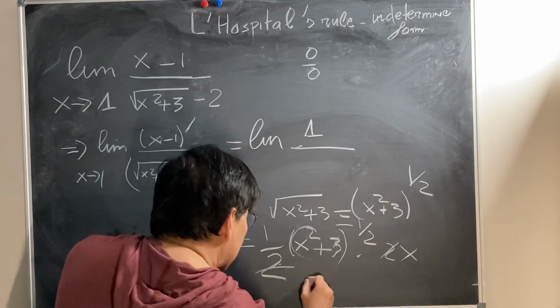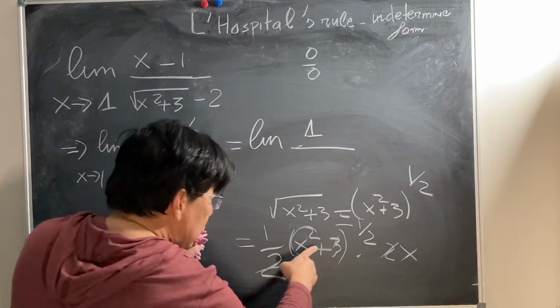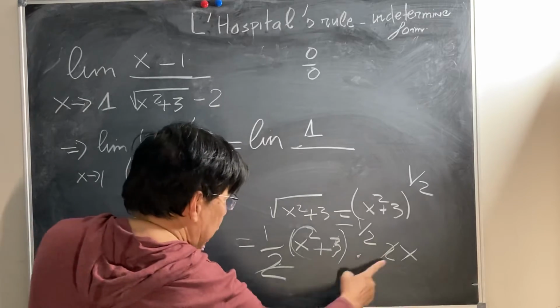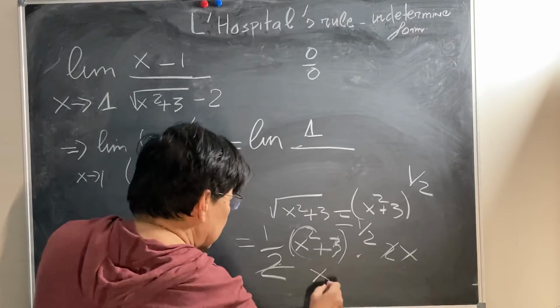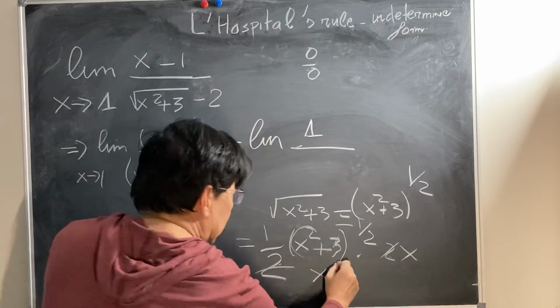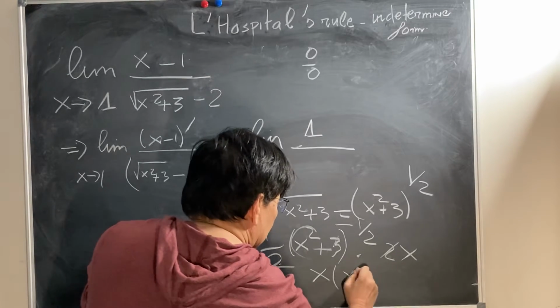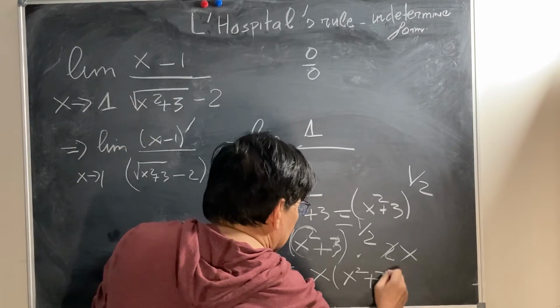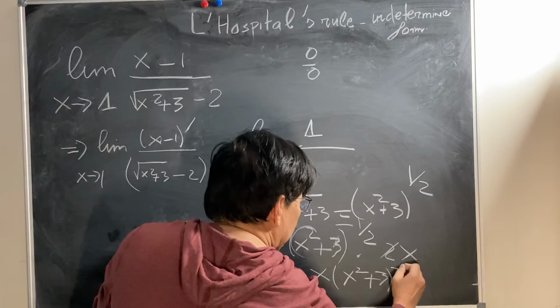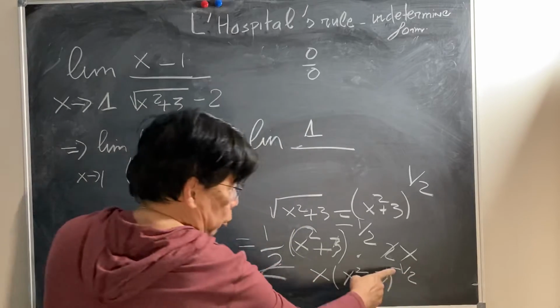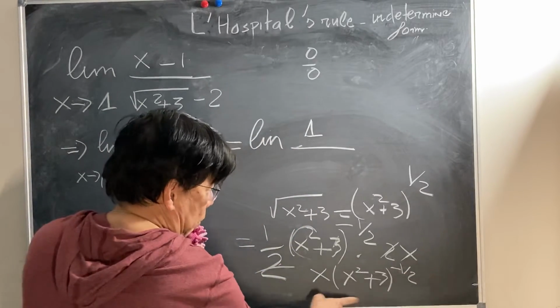So you have x times x squared plus 3 to the negative 1/2, and bring the negative 1/2 to the bottom.